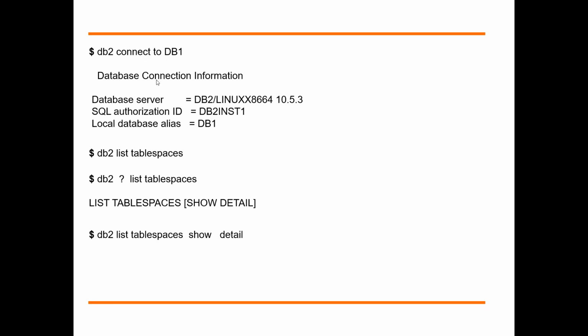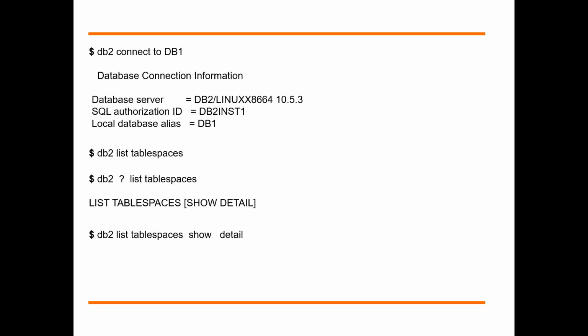Once I connect to the database, I can say list table spaces. The list table spaces command will show me the available table spaces. This database is logical and this table space is logical. If you want to see more information about table spaces, like I said in one of the previous classes, the help is inbuilt. The command help is inbuilt.